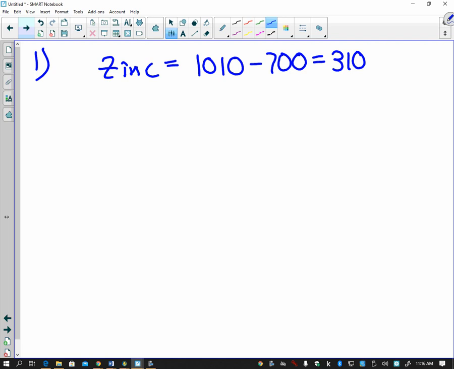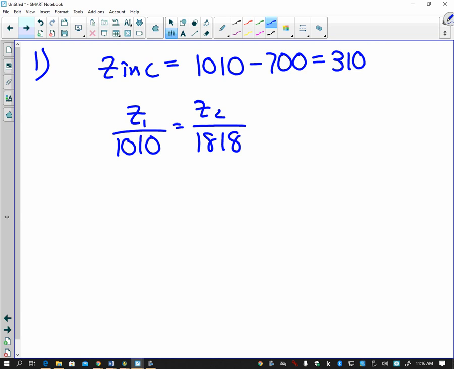Okay, but we're not done yet, because we have zinc over 1,010 equals zinc. So if we call this zinc 1, this would be zinc 2 over 1818.